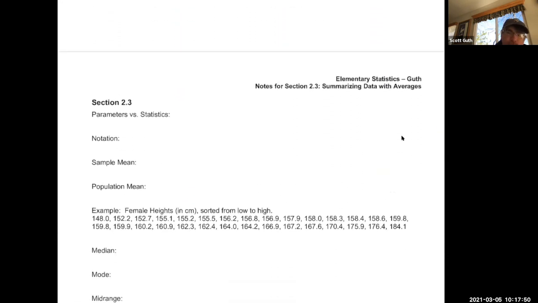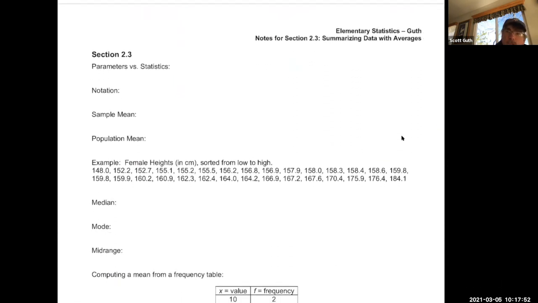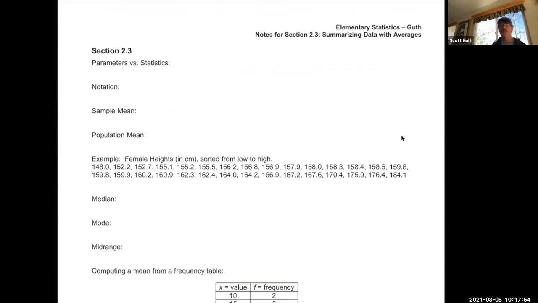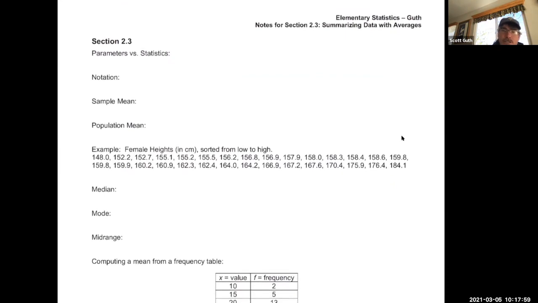Now, I don't know if you can see this, but we've skipped 2.2. And if you look at the homework in Canvas, 2.2 is extra credit. So do with that as you will. If you like accumulating extra credit, they do help if you do lots of them.